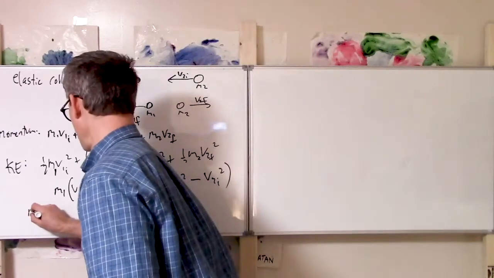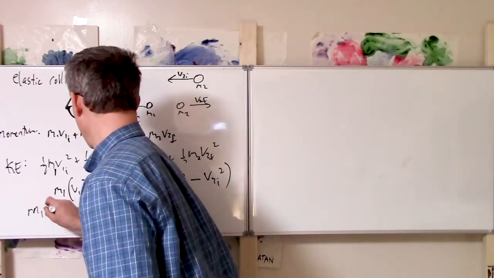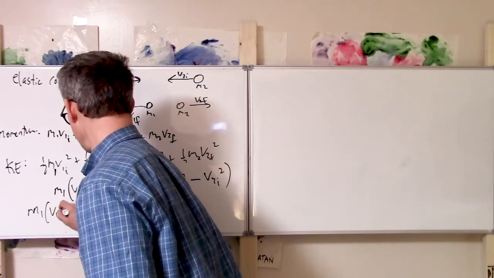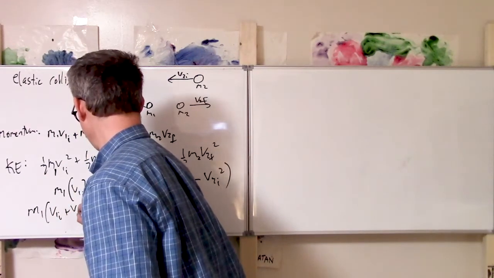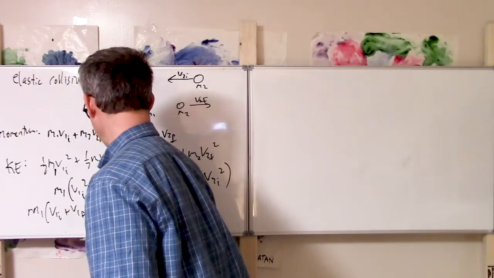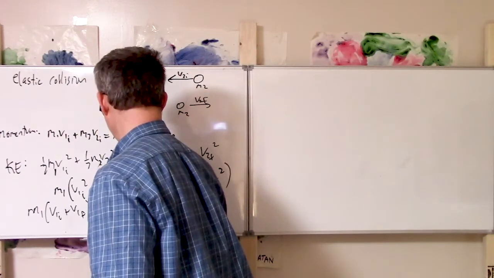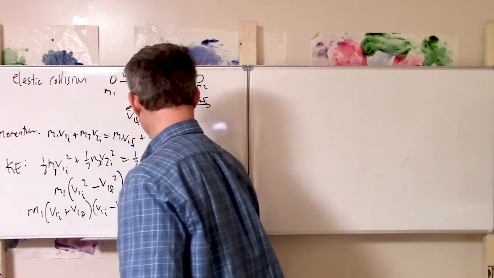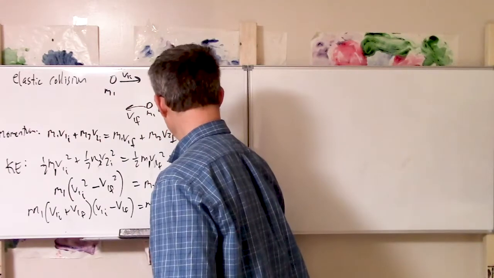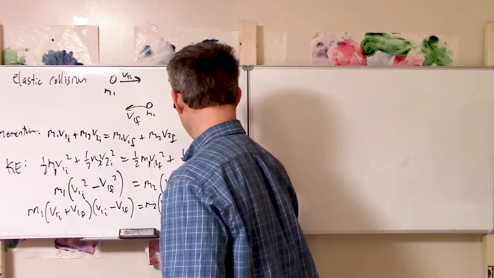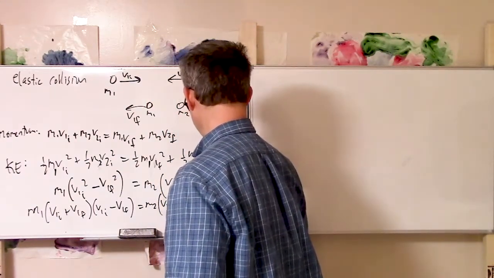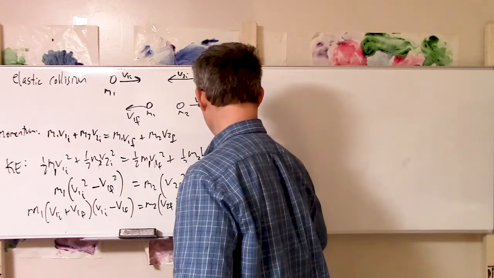So that's going to be m1 times v1 initial plus v1 final times v1 initial minus v1 final equals m2 times v2 final plus v2 initial times v2 final minus v2 initial.